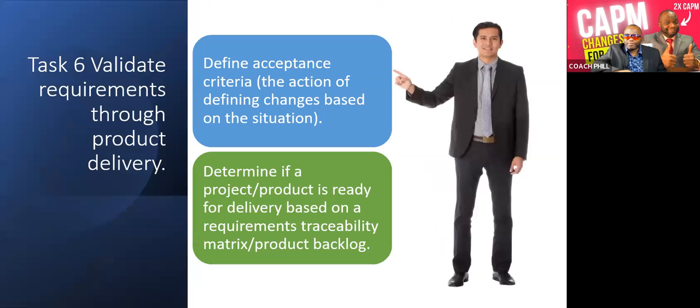Last but not least, we have task 6, validate requirements through product delivery. Define acceptance criteria. Determine if a project or product is ready for delivery based on a requirements traceability matrix or a product backlog. And that, my friends, is it.